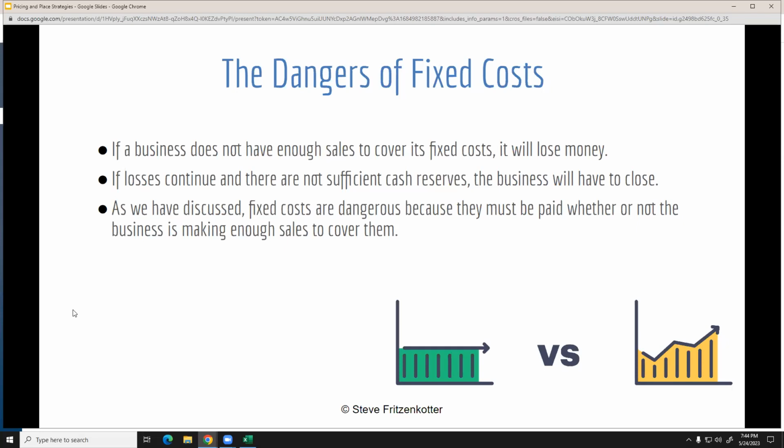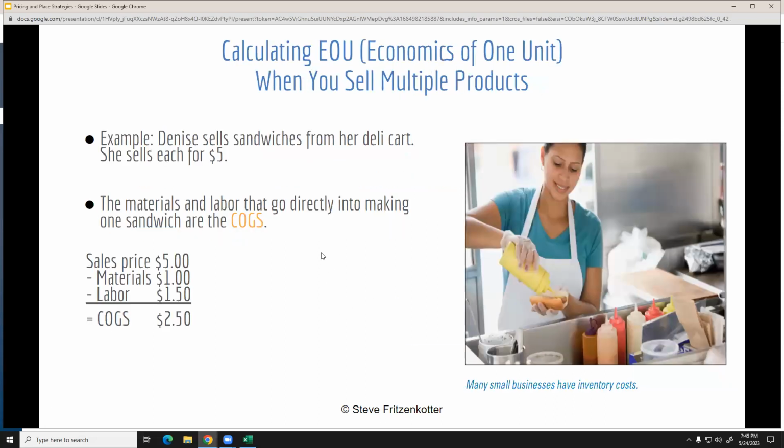And if you're not filling up tables in a restaurant, hotel rooms, or selling enough streetwear products, and your fixed costs don't change, you're going to be losing money, and that will drive you out of business. So they have to be paid whether you make enough sales or not.